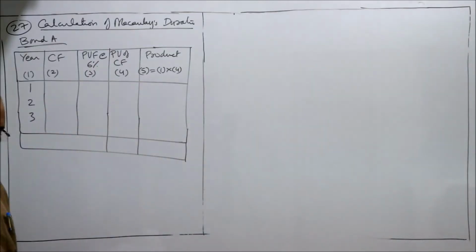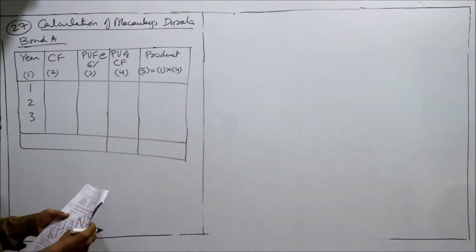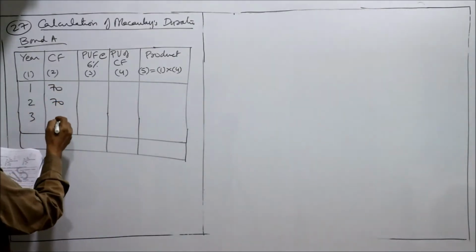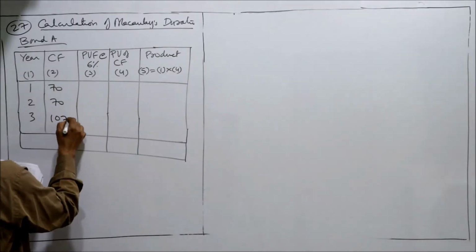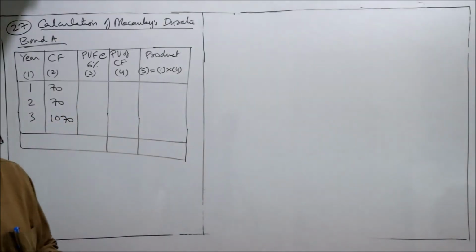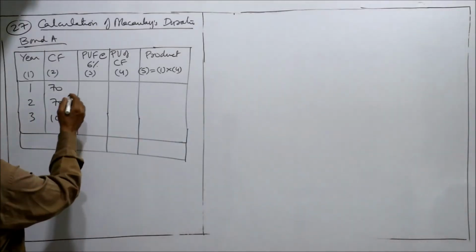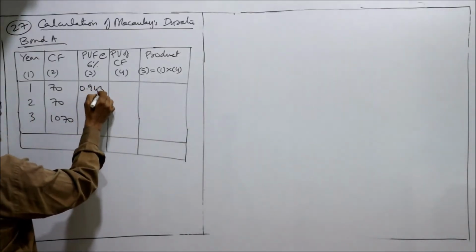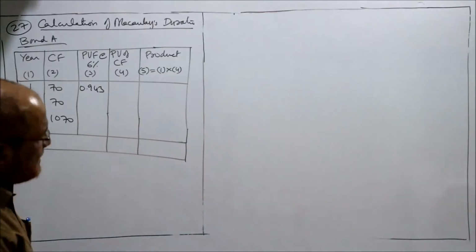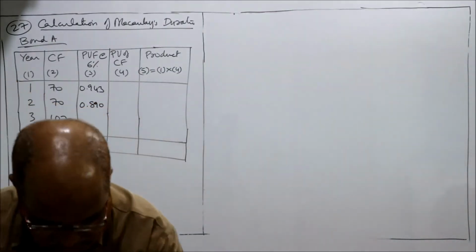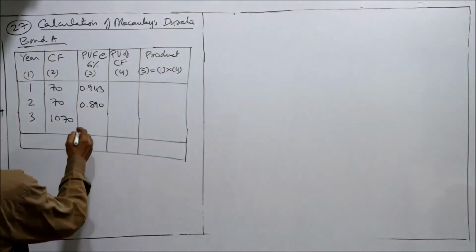So cash flow, how much cash flow every year? 7% of 1000, 70 rupees, and 1070 rupees at the end of the third year. And PV factors at 6%: 0.943, 0.890, and lastly 0.840.